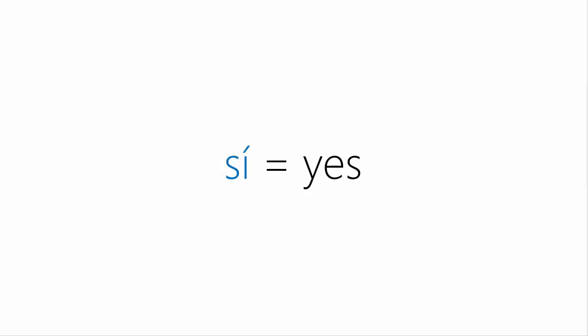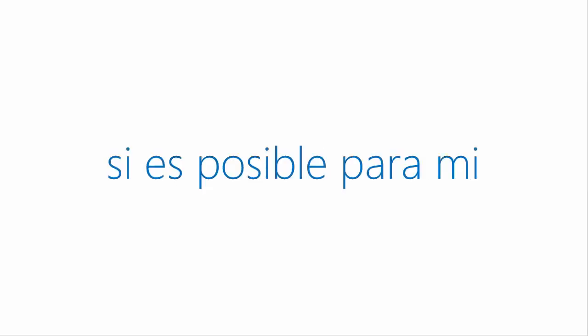But without the accent, that same word, si, means if. How would you say if it's possible? Si es posible. If it's possible for me. Si es posible para mí.